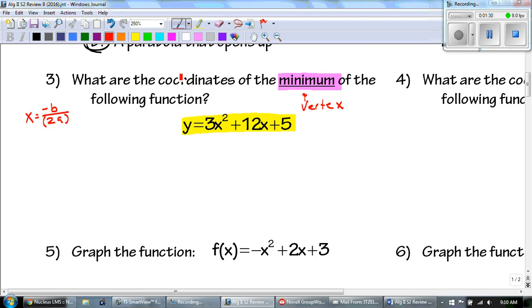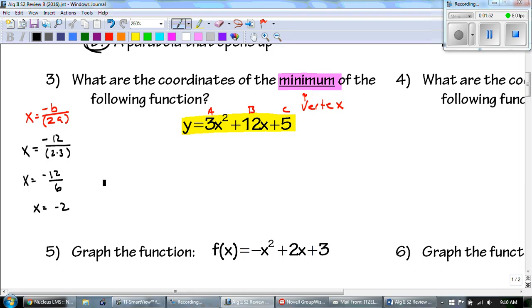Remember that this is your A, this is your B, this is your C. So x equals the opposite of B, so it's a negative 12, over 2 times 3. The top stays negative 12, 2 times 3 is 6, and that equals negative 2.